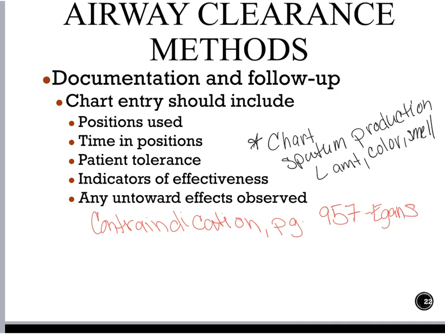So an untreated TB, so untreated tuberculosis, poor or unstable cardiovascular system, so that would be unstable and untreated hypertension, hypotension, CHF. If they're not stable or they're maybe end stage of a heart condition, we're not going to do this. You're not going to do CPT or percussion and vibration over incision sites.